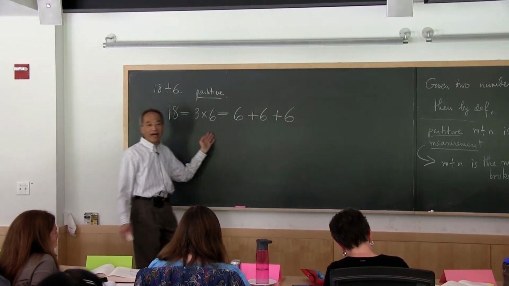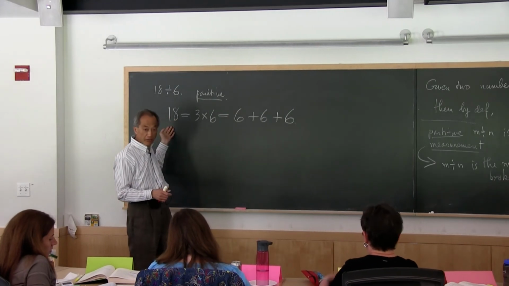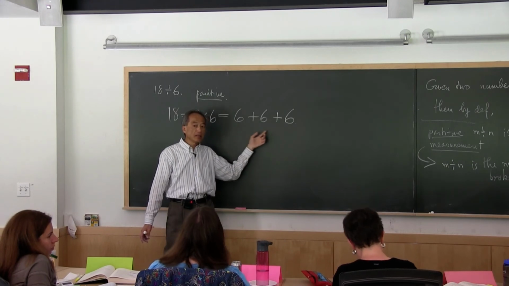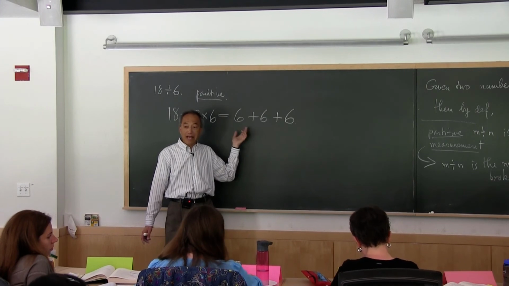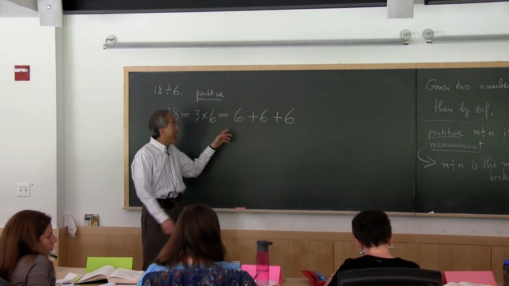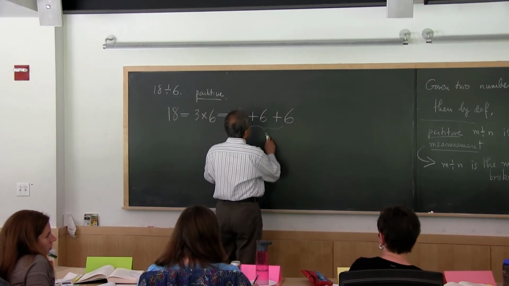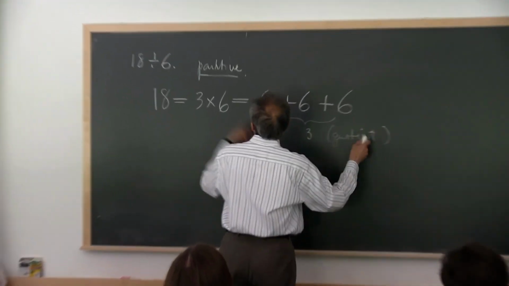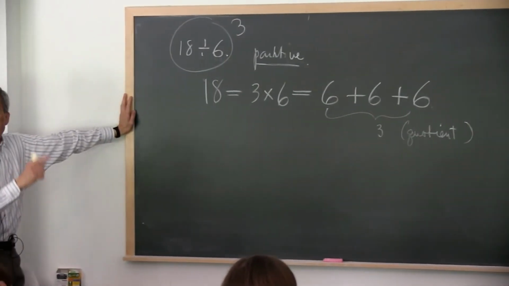In terms of the number line, that means you obtain the segment of 18 feet by concatenating 3 segments, each of length 6 feet. So that's a clear-cut exhibition of how many 6s there are in 18: 3. That's the quotient. So that quotient measures how many 6s there are.